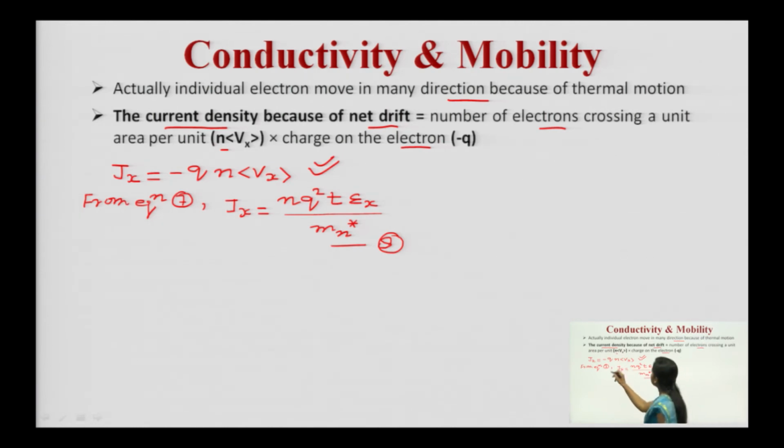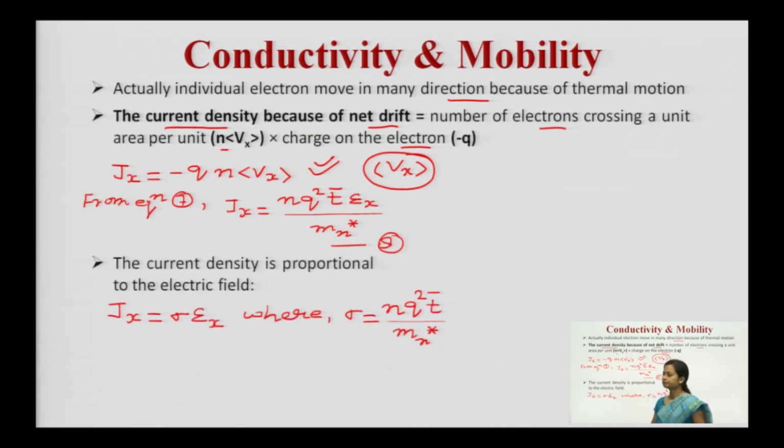Now, from the previous equation you can write down the value of this Vx. So, this term would be n q square τ bar Ex upon Mn. Here you have substituted the value of Vx from the previous equation. So, this is how you have written the mathematical expression for the current density.